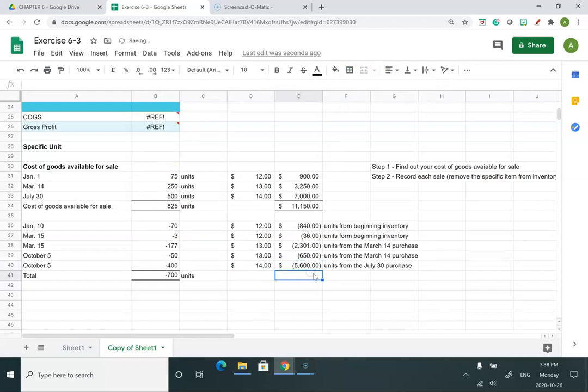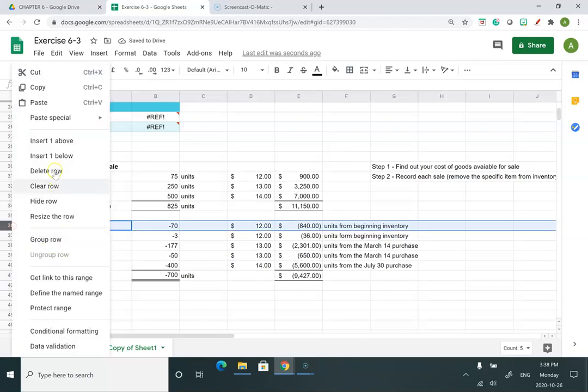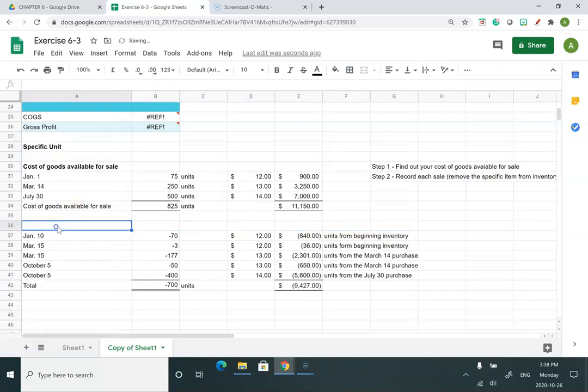So now I just need to add all these up. So I basically just calculated my cost of goods sold. And these 700 units line up with your sales. So we sold 700.